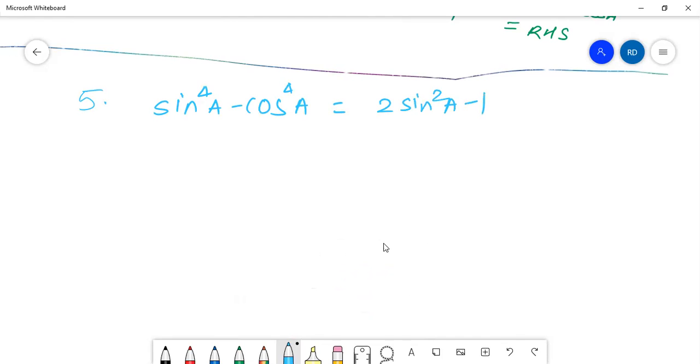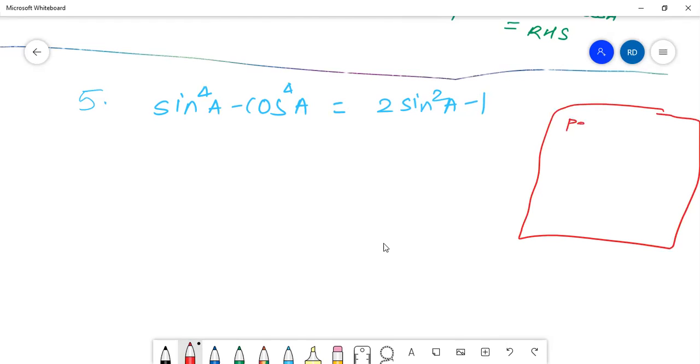So here also the main thing that you have to understand: whenever I'm solving, I'm going to write some of the formulas over here, which are called peripheral formulas. They are the formulas which we have used earlier, and which are important.